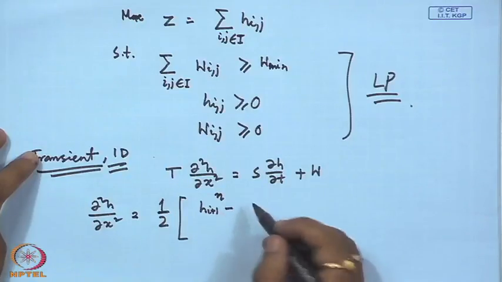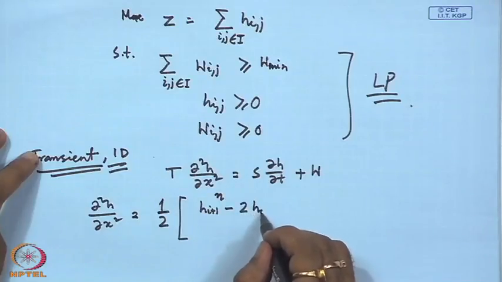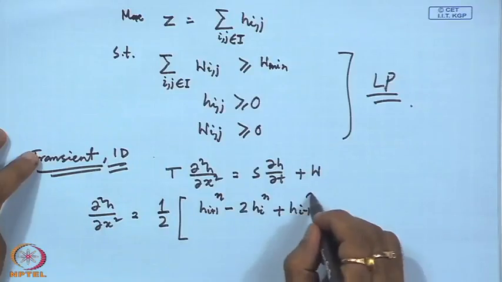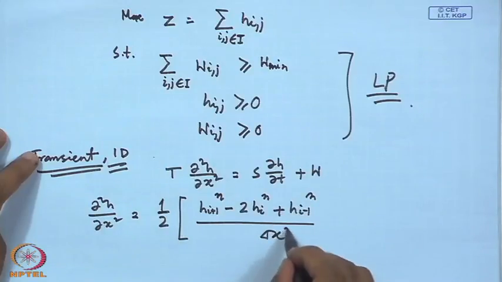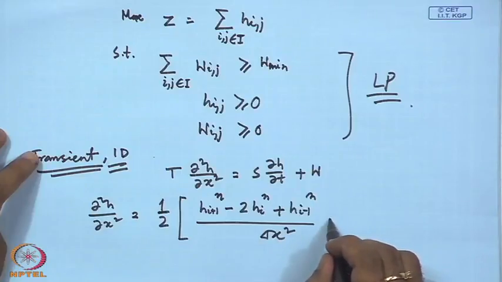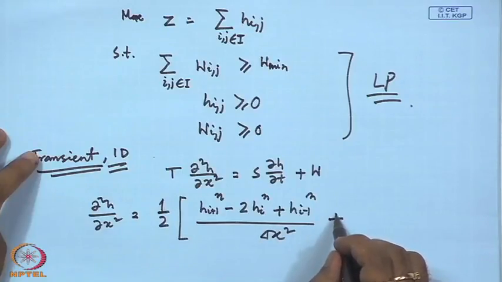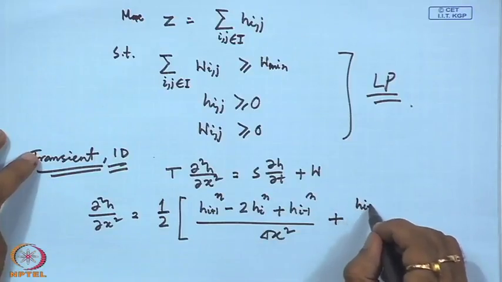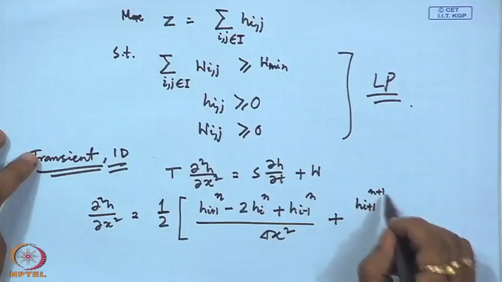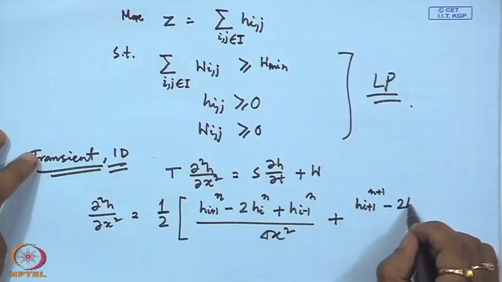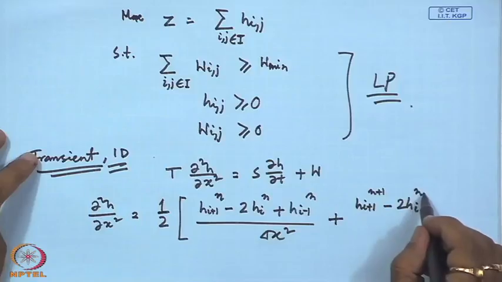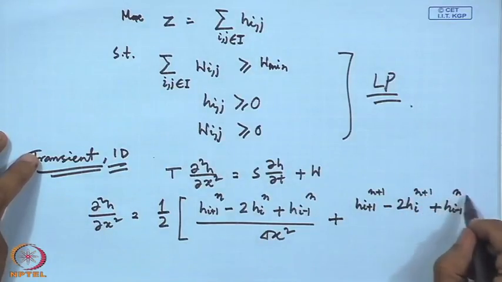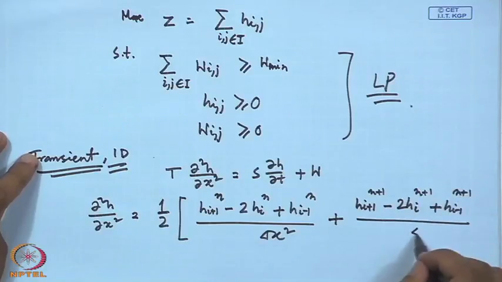So, this is basically 2 h i n plus h i minus 1 n divided by del x square, plus h i plus 1 at the n plus 1 level, minus 2 h i at the n plus 1 level, plus h i minus 1, that is also at the n plus 1 level.